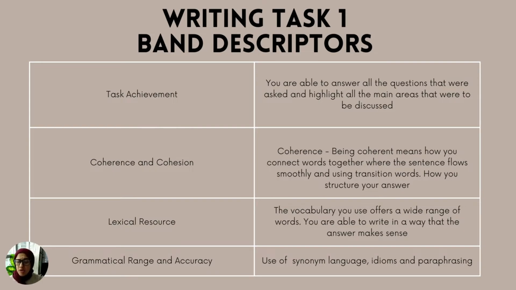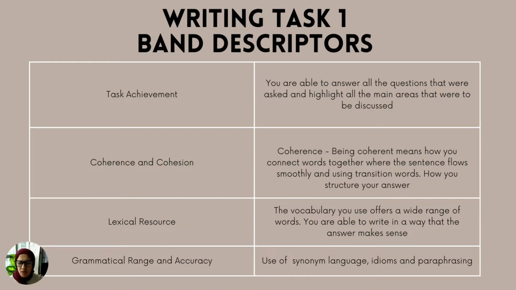If you are not sure how to do this, then definitely check out my other video that I've linked down below, where I help you organize your writing task 1 answer in such a way that you are able to answer the question to the T to help you score a high band.